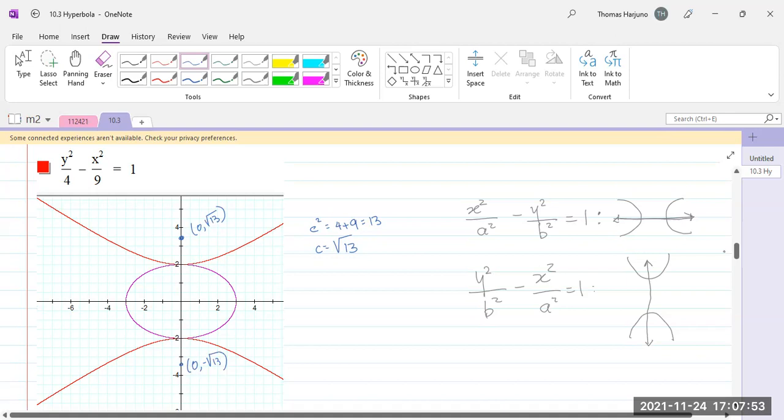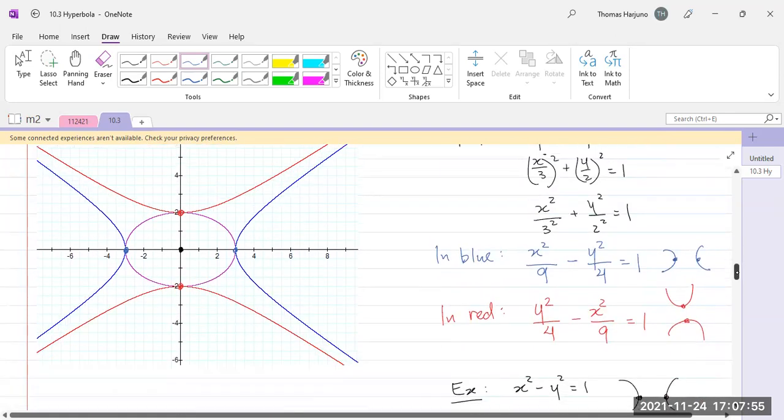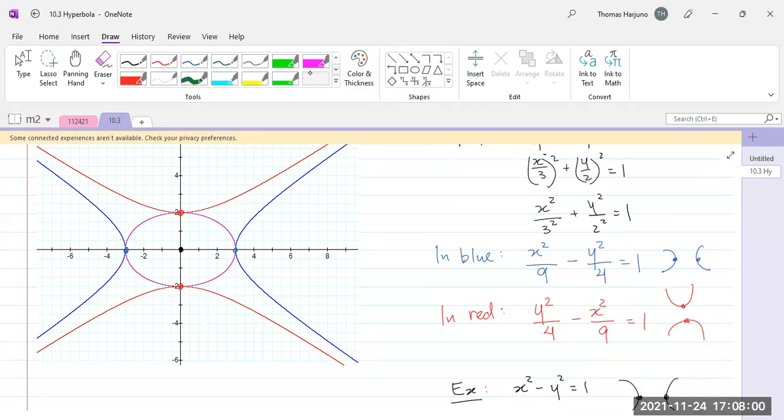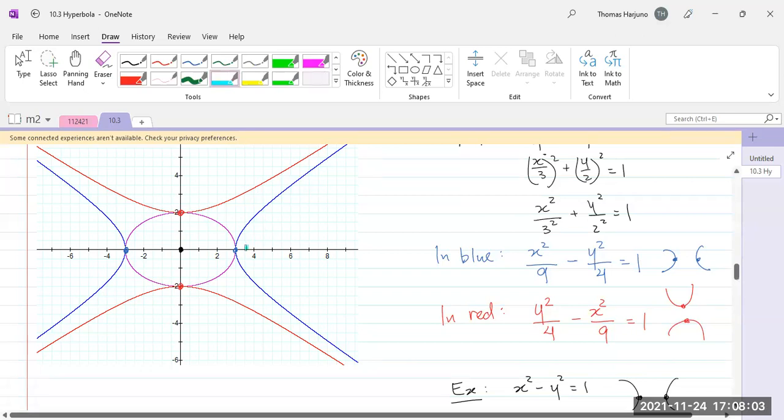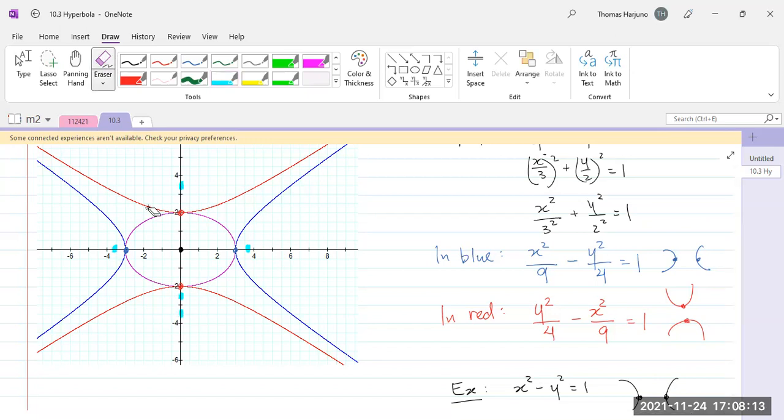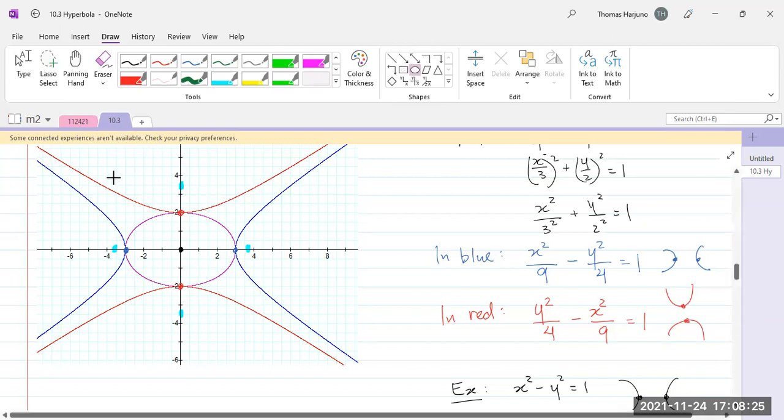If we put everything together, notice the foci for the blue one is here, approximately, and the foci for the red one will be here. I'm sorry, I took it incorrectly. Notice that the foci of a hyperbola and its conjugate hyperbola will be on the same circle.